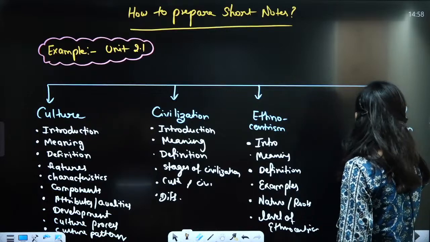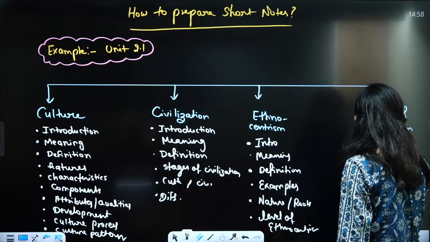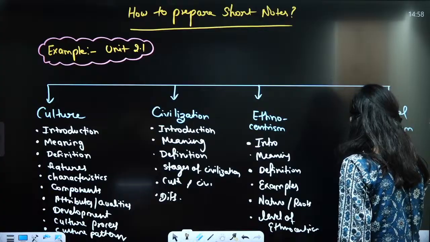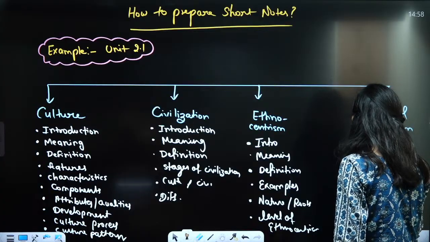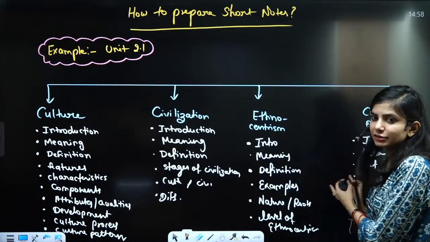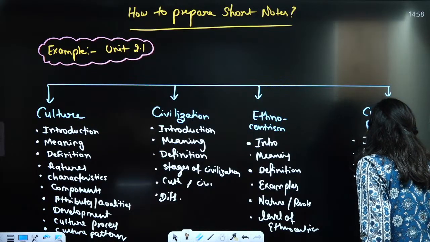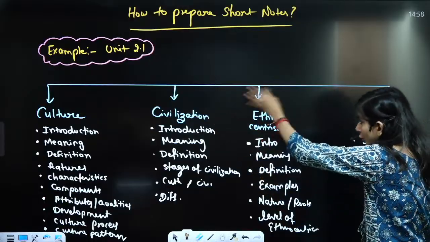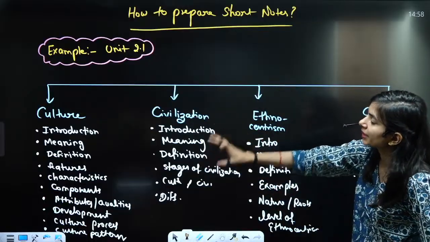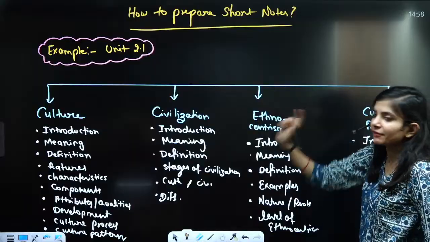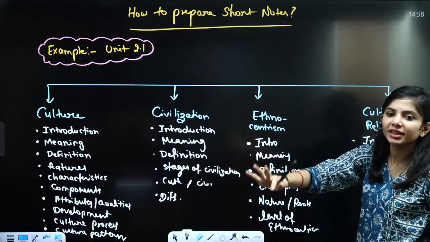Again, for cultural relativism, there should be one proper introduction, one proper meaning. Then there should be definition. Then relevance of cultural relativism. Based upon your own notes and your thinking, you will be preparing this one page for every single unit, and you would be sharing it with me.